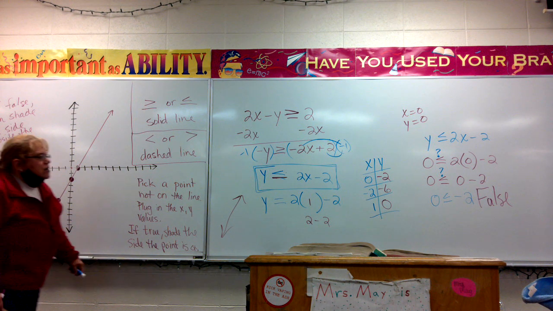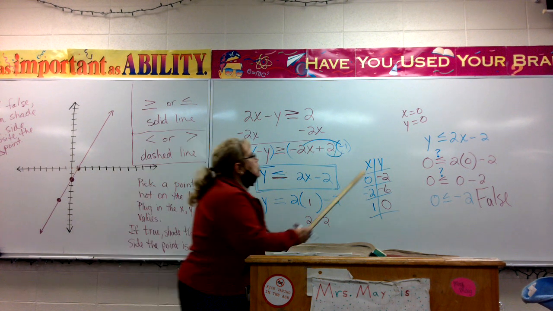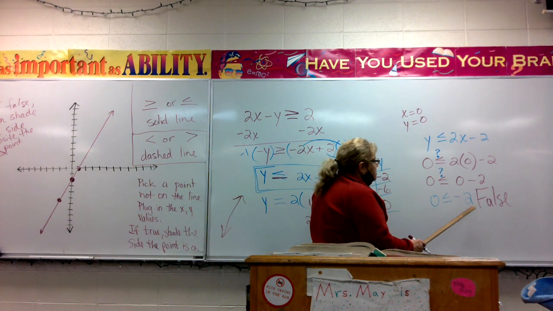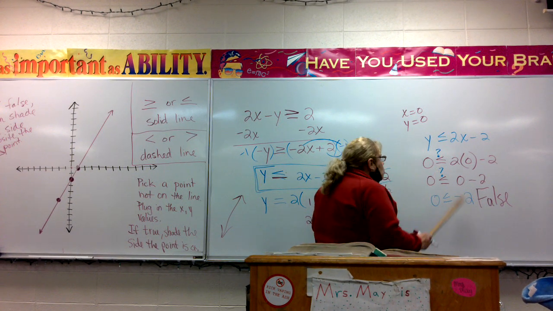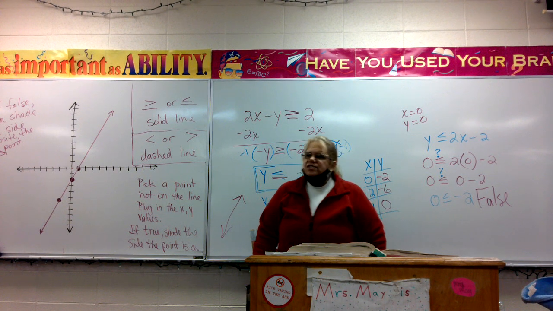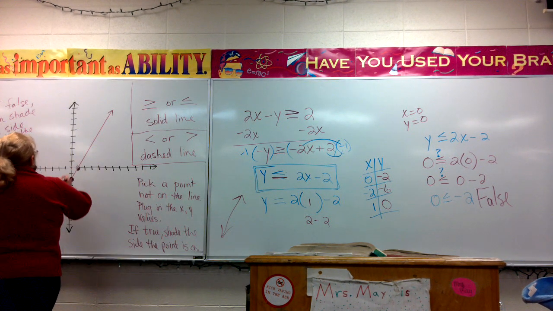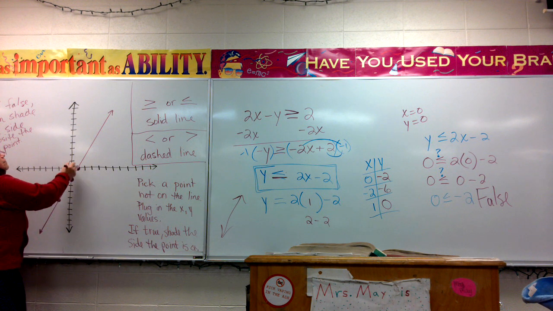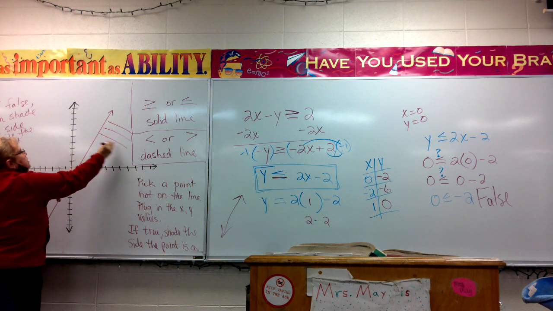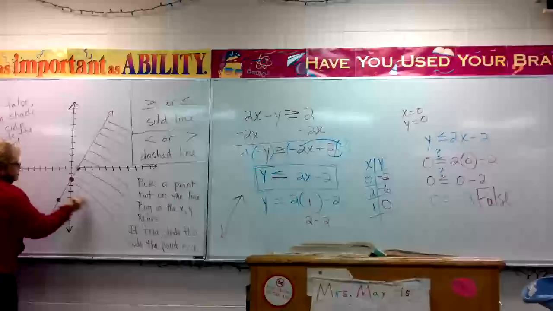So over here, we picked the point 0, 0. We wrote those down and we plugged them in. We got something that's false. That means it's not part of the solution. This thing doesn't work, it's not part of the solution. So we're going to shade nicely the opposite side.